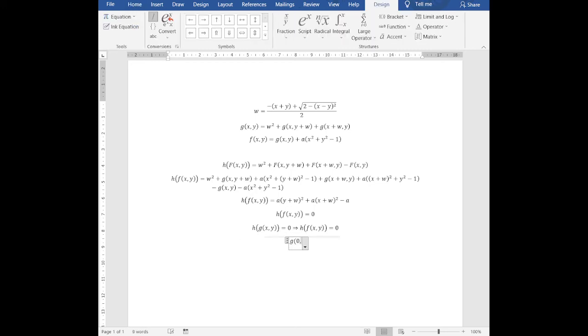Therefore, if we have a solution for the function at 0, 0, we know that another solution must be given.